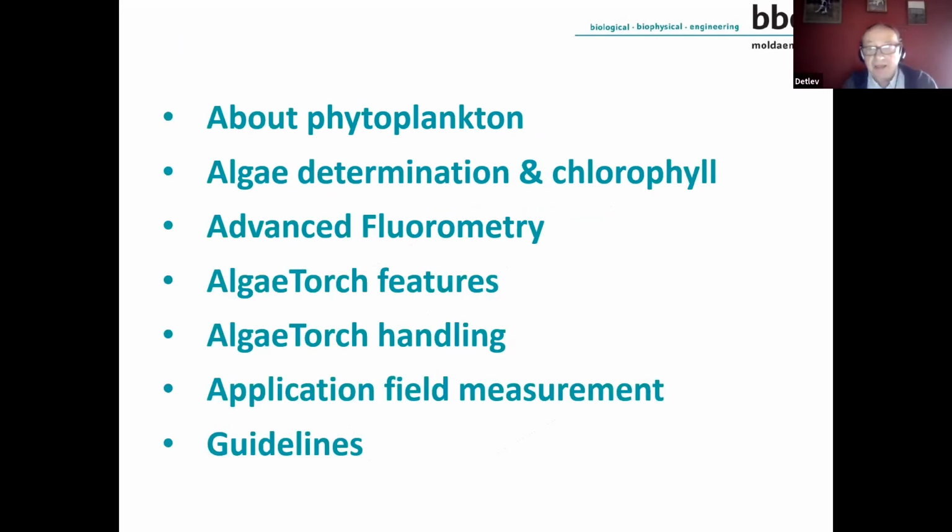But before I go into the details, I would like to tell you something about phytoplankton, just for those who are not so closely related to this. Phytoplankton means small algae cells drifting inside of a water body. These algae consist of different types of organisms.